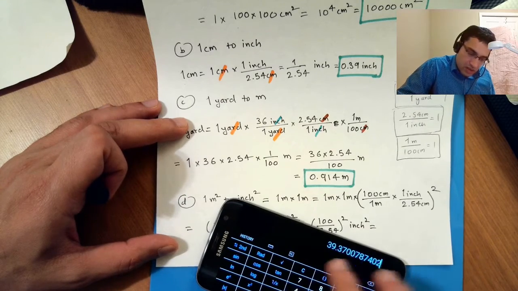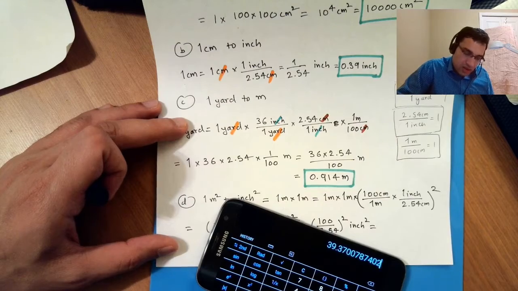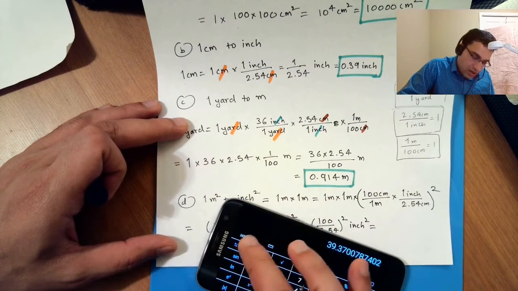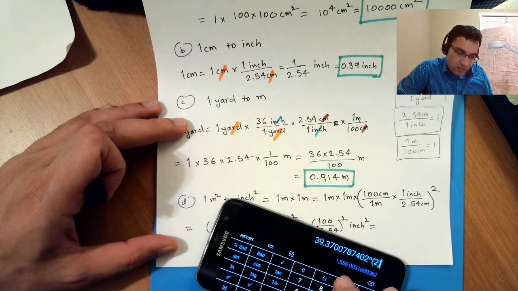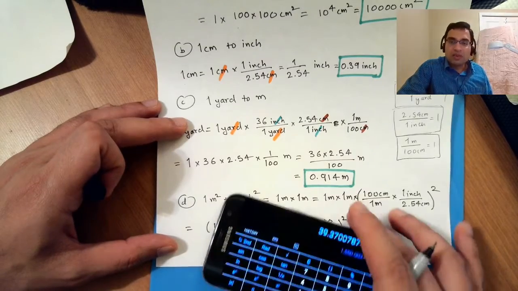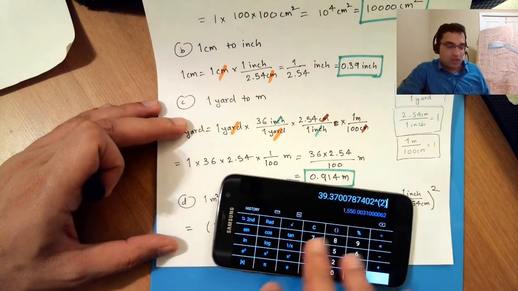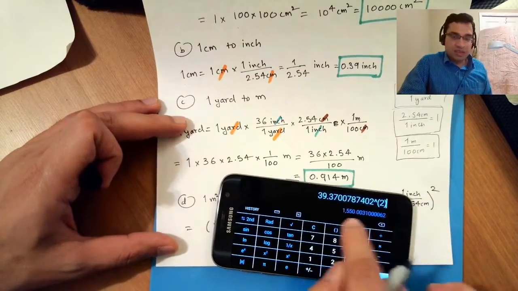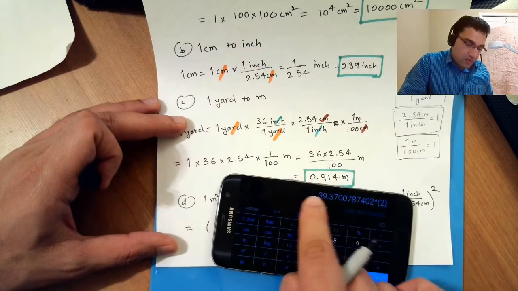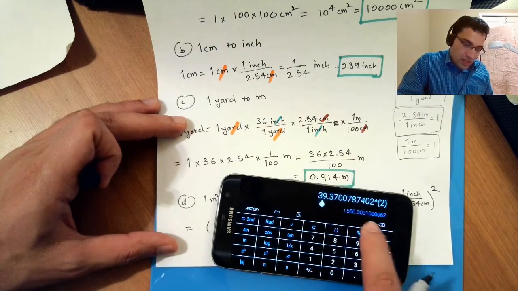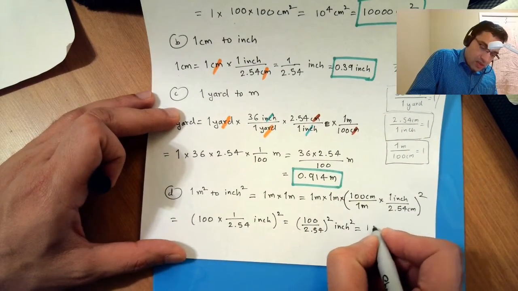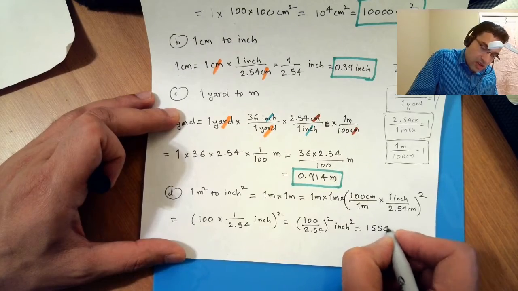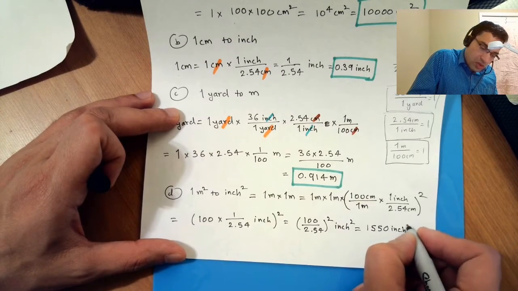Is that 39.3? Square is, where's my square? Square is here. So that's 1,550. Okay. Hopefully you can see it on the calculator. I changed it to dark mode so that the camera can actually read this. 1,550. So this is 1,550 inch square.